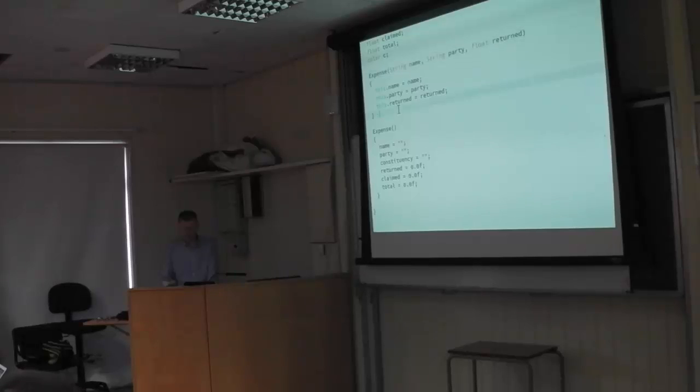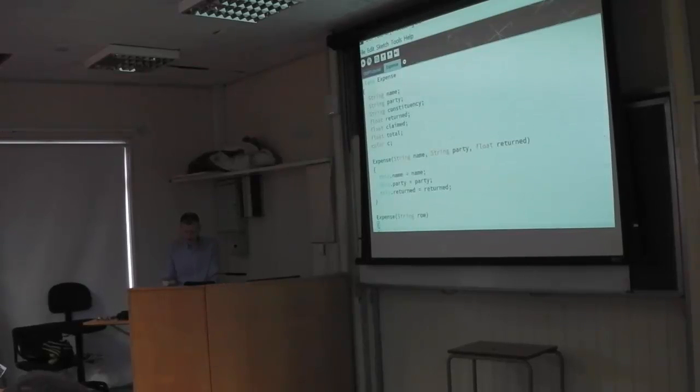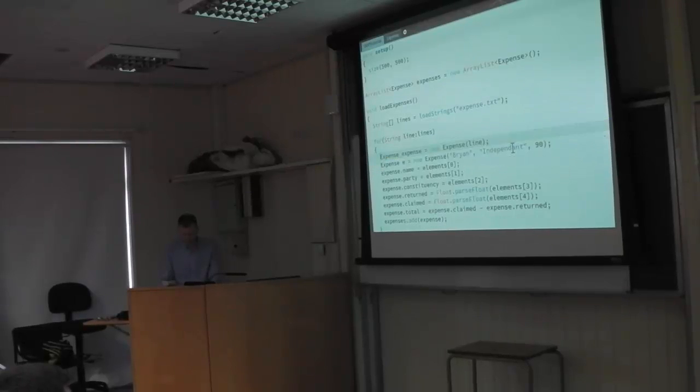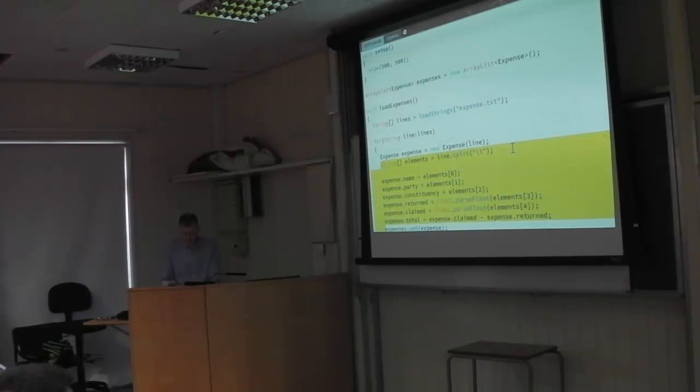Another type of parameterized constructor I like to write is this type. I like this because it takes the code out of here. I like to take all of this code and just pass the entire row like this, and take all of this code out.